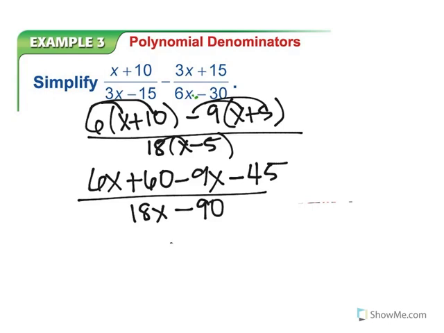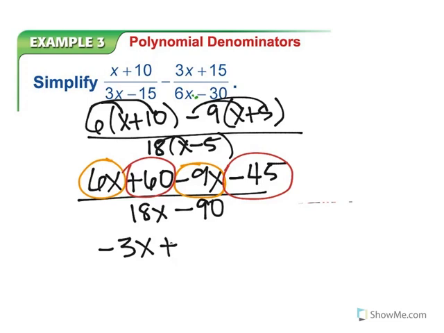Now combine like terms on my numerator. So we have a 6x and a negative 9x, which gives us negative 3x. And then I have a positive 60 and a negative 45, which is going to give me positive 15 on top. And on the bottom, I have 18x minus 90. We're almost done. Now we're going to factor one more time so we can simplify.